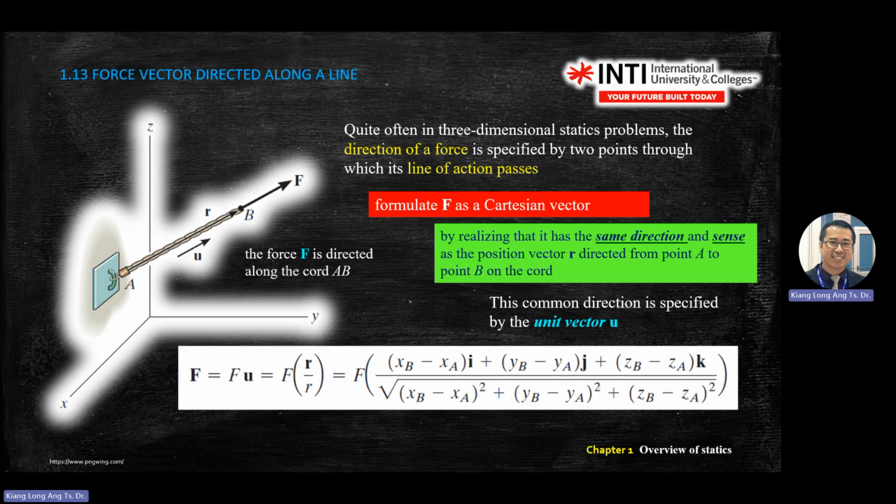Okay. Now, when you see this one, or when you apply this formula, when you're seeing 3D problems or 3D questions, and the question forces you to use vector analysis, it forces you to use IJK, then only you use this one.